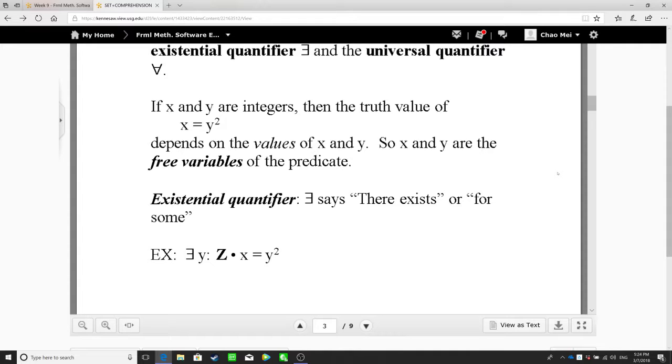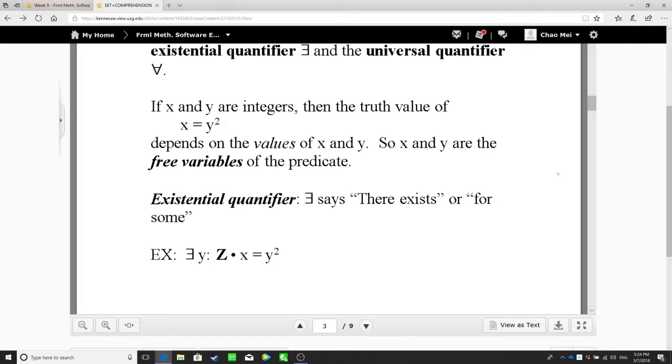As I mentioned, if we do not have this quantifier here, whether this is correct all depends on what value x is and what value y is. However, if we put this here, existential quantifier means there exists.